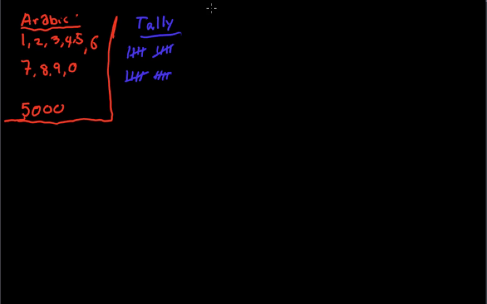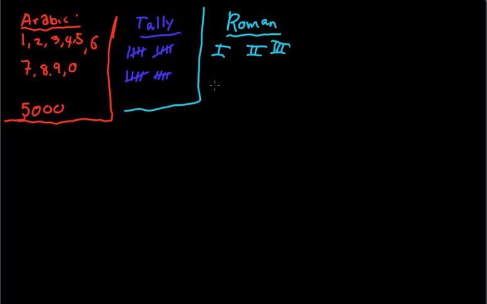Something a lot of people have seen but may not be as familiar with is called the Roman numeral system, in which case they use letters. If you write the letter I, that means 1, 2 I's is 2, 3 I's is 3, and then because they don't want to write too many I's, if you want to write 4, you write IV.